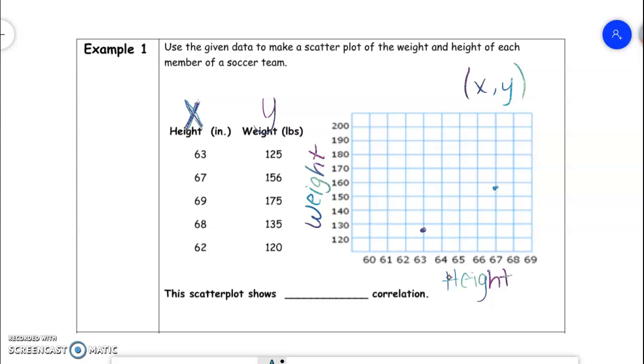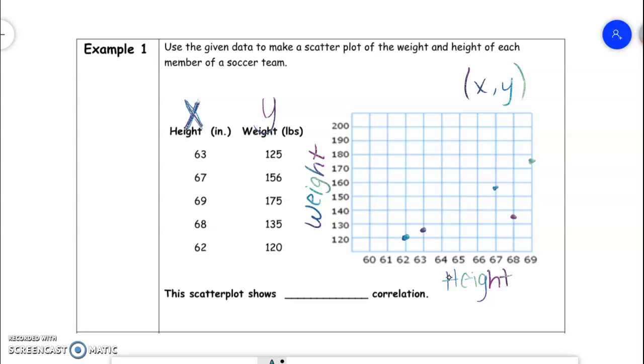Then 69 and 175. Then 68 and 135. And then 62 and 120.